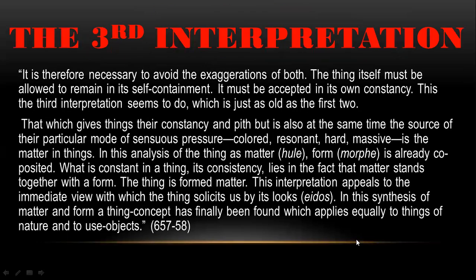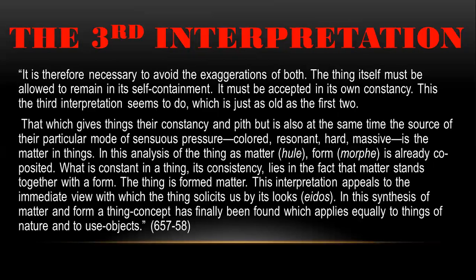So he says it's therefore necessary to avoid the exaggerations of both. The thing itself must be allowed to remain in its self-containment. It must be accepted in its own constancy. This third interpretation seems to do this, which is just as old as the first two. I think he doesn't mention Aristotle, but this is obviously Aristotle here.